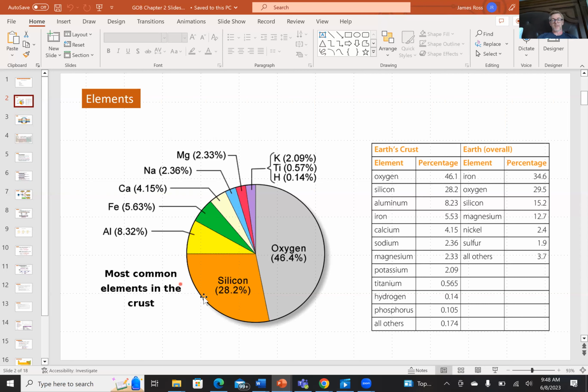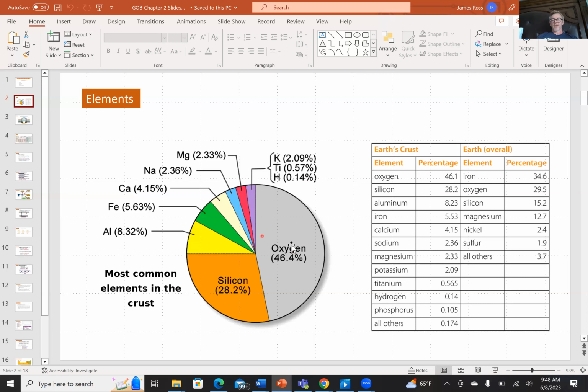About 30% is silicon. We've got about 8% aluminum, 5% iron, 4% calcium, sodium is about 2%, magnesium 2%, potassium 2%, titanium 0.5%, hydrogen about 0.1%.